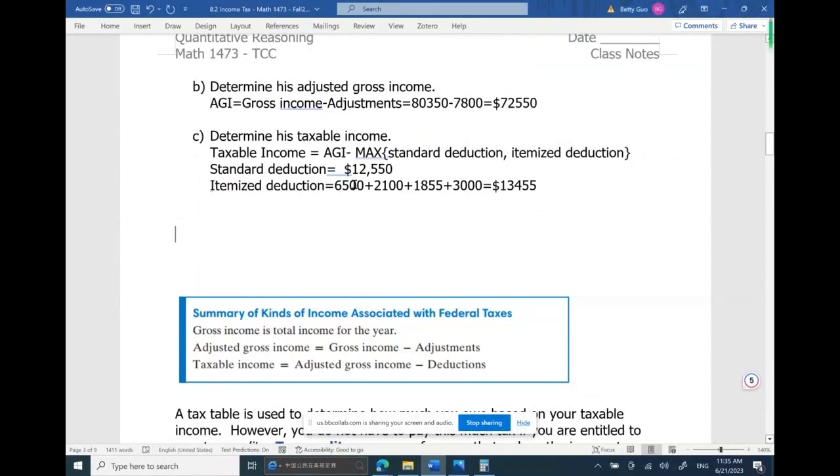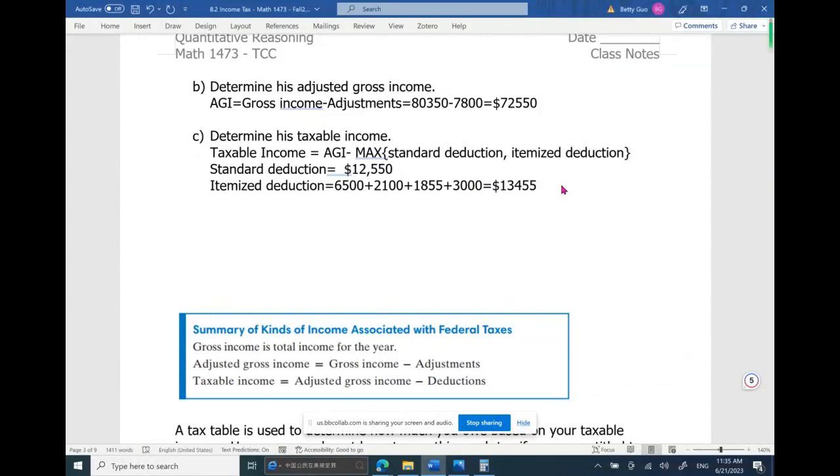Okay, so which one is higher? For Angelo, is the standard deduction higher or the itemized deduction is higher? Is the itemized deduction, right? Yeah. So we are going to use the itemized deduction to compute the taxable income for him.